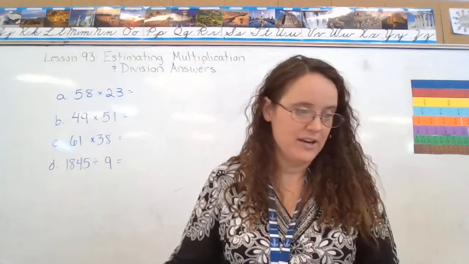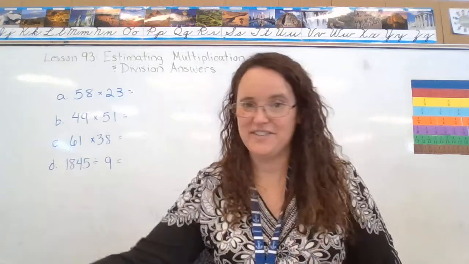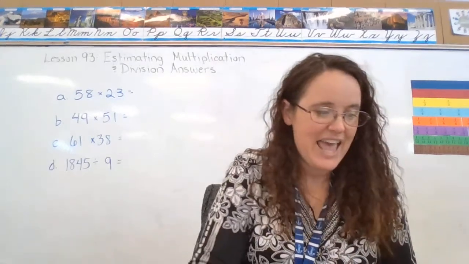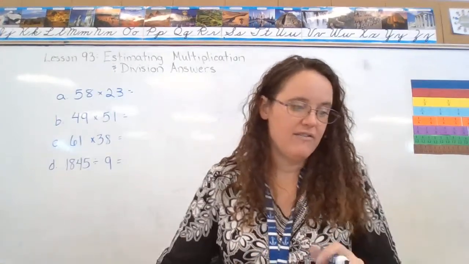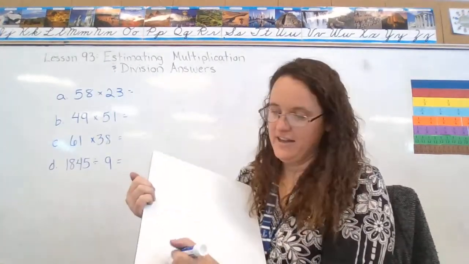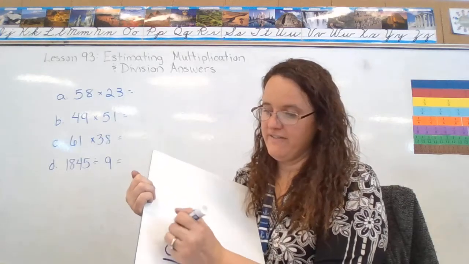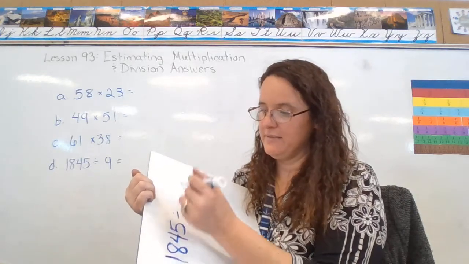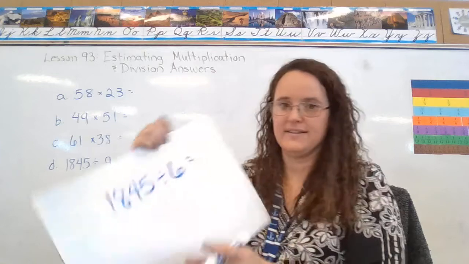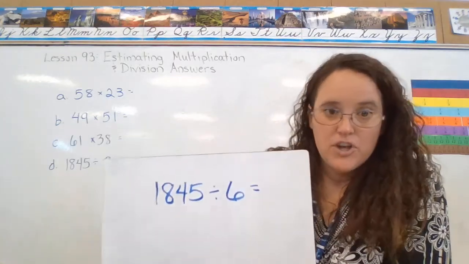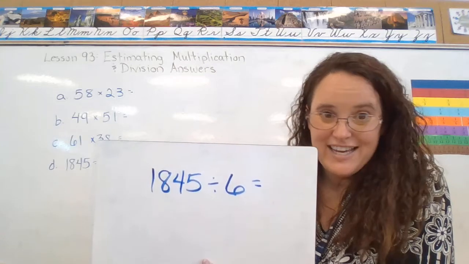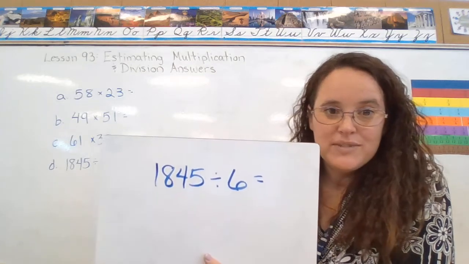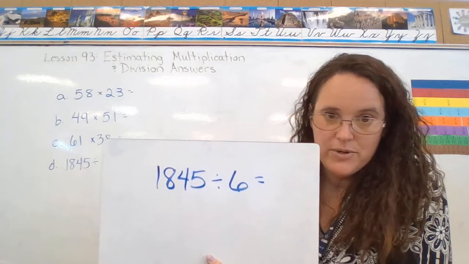Example 3. Here we're going to get into division. It says estimate the quotient of 1,845 divided by 6. So when we're doing quotients, when we're dividing, we want to make sure we're using compatible numbers.